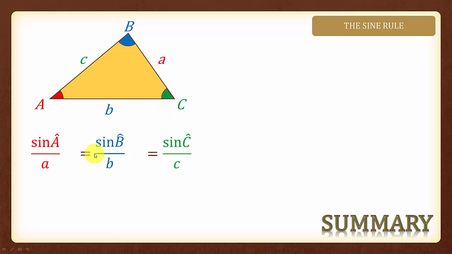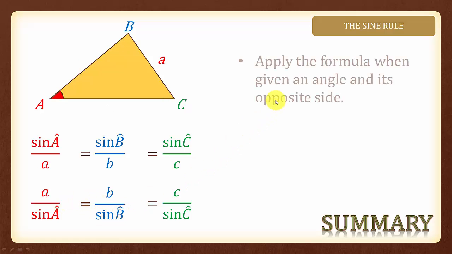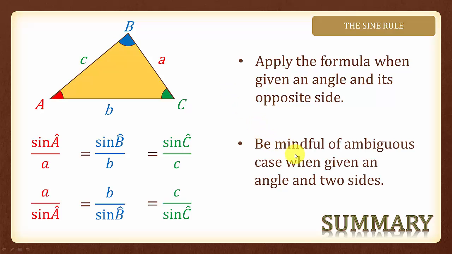In summary, we can use the sine rule, which is sine angle A over a equals to sine angle B over b, or a over sine angle A equals to b over sine angle B, whenever we have a given angle and its opposite side, like this. Be mindful of ambiguous case when given an angle and two sides.